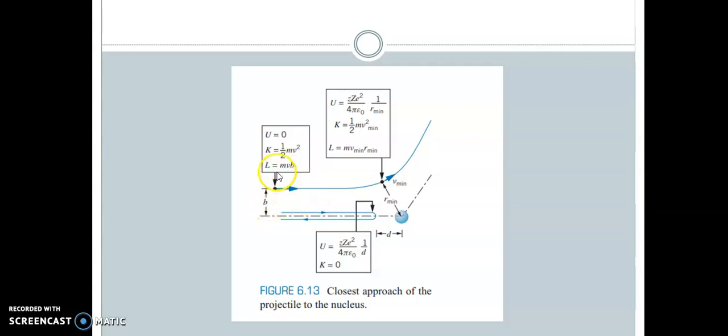Here r is b, so the angular momentum is mvb. But at the minimum distance, the velocity is v minimum, so the angular momentum is m into v minimum into R minimum.